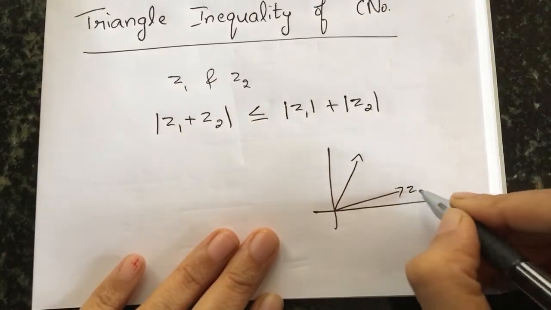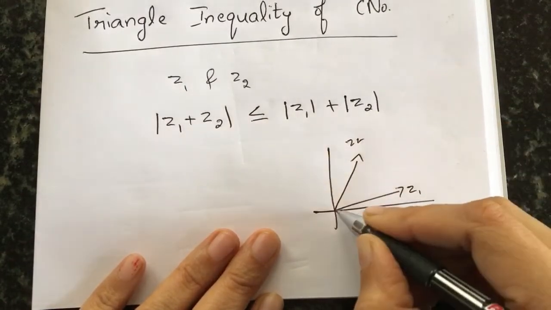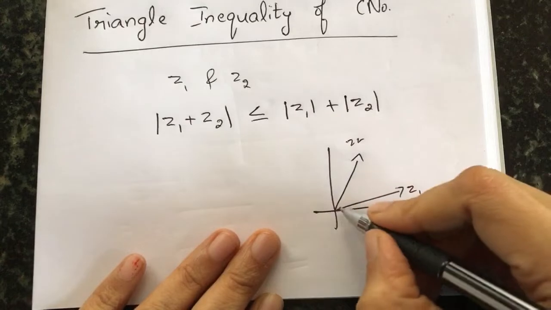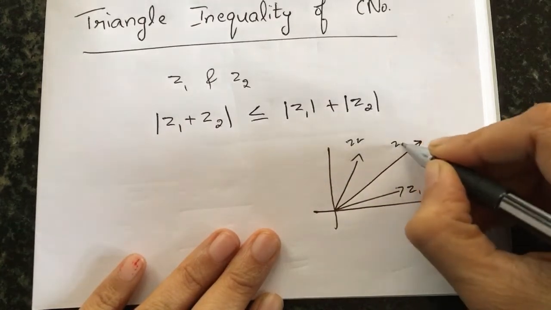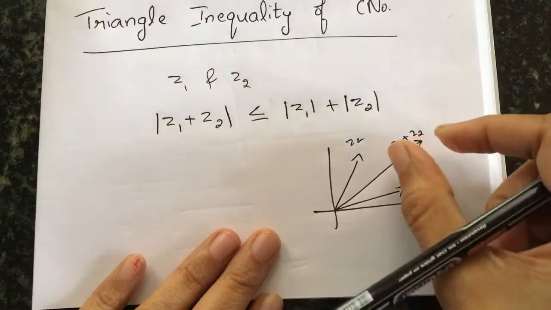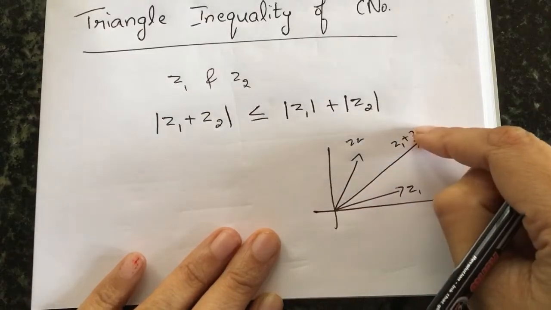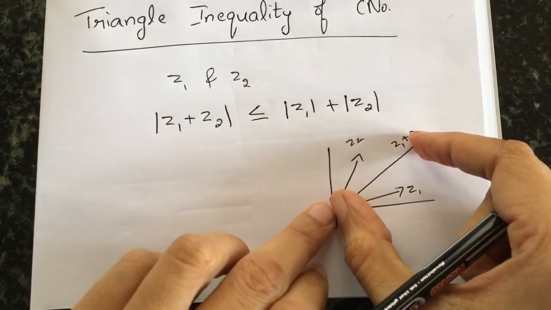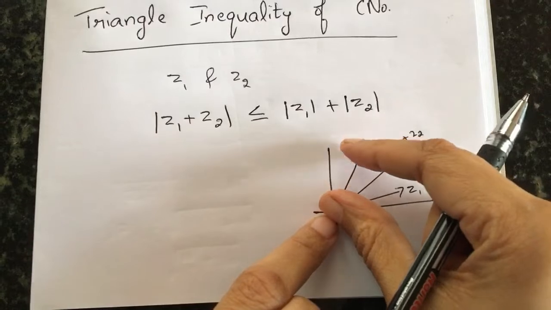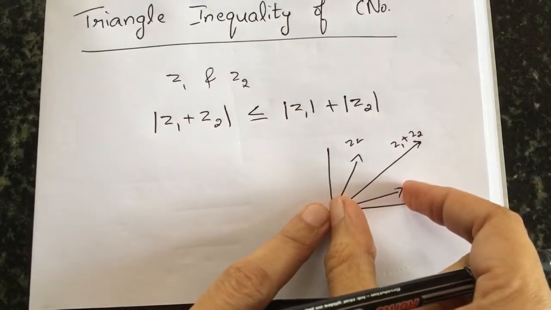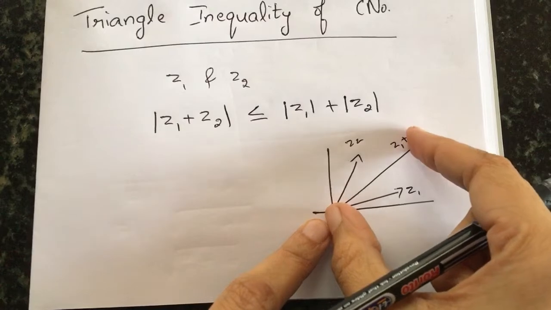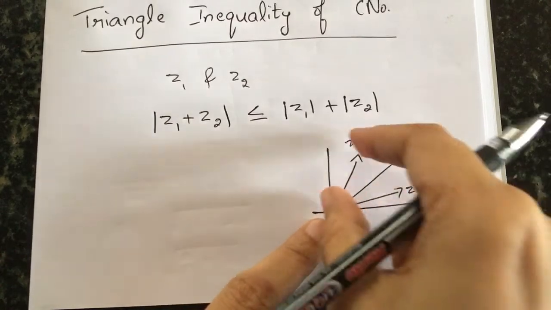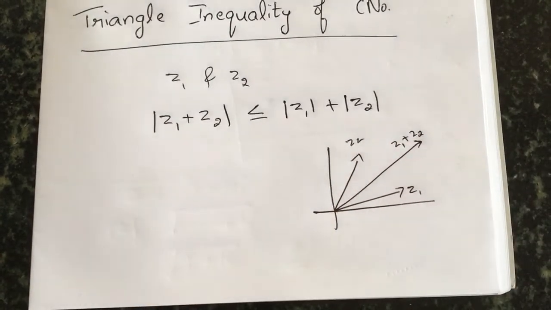Where will z1 plus z2 be? This will be somewhere here, right? This is z1 plus z2. When I take the modulus of this value, either it will be equal to mod z1 plus mod z2, or it will be slightly less than the individual sum of mod z1 and mod z2.